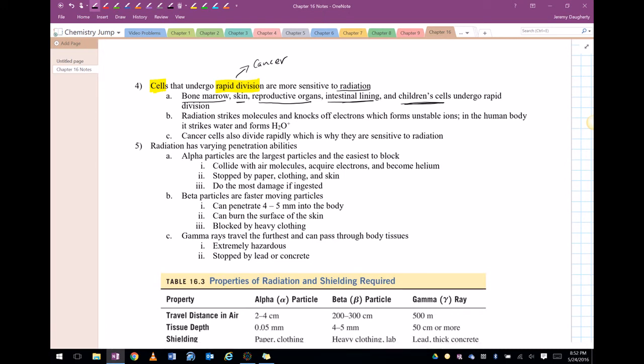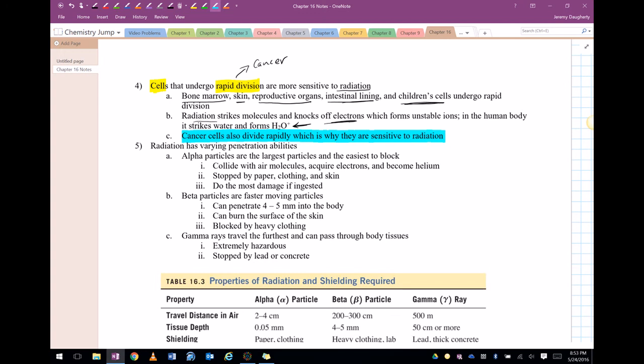And so what happens is that the radiation will strike those molecules and actually knock off electrons, and that will form unstable ions. For instance, in the body, it'll form the ionized form of water. As I said, cancer cells also undergo this rapid division, which is why we use radioactive particles on them.